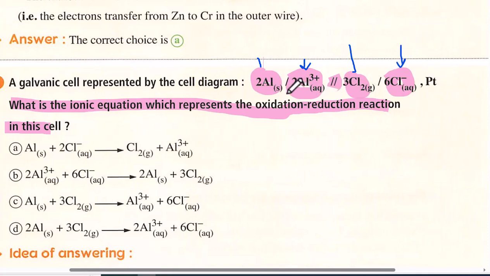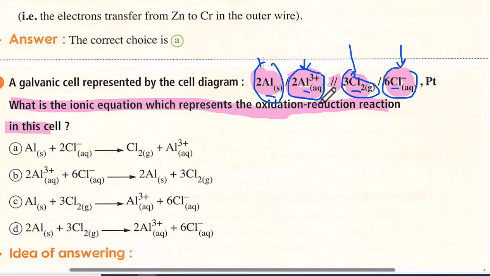So we can write it: 2 aluminum solid plus 3 chlorine gas gives 2 aluminum aqueous positive 3 charges, and 6 chloride ions aqueous.